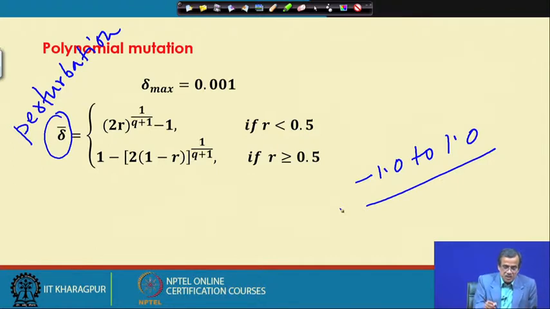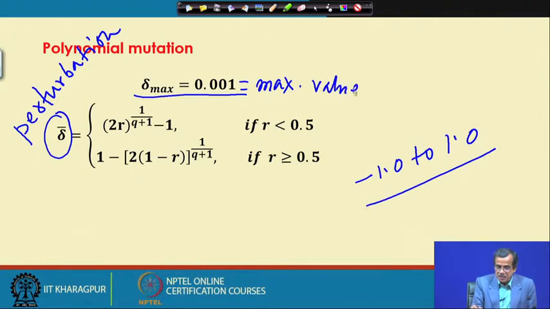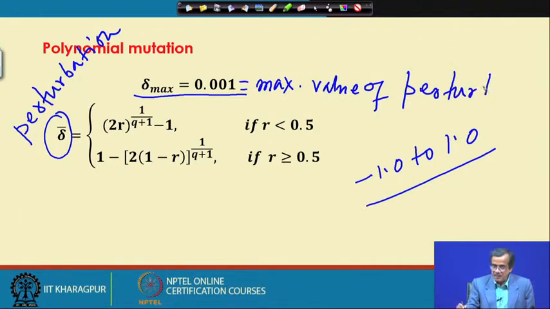Now, there is one quantity that is called delta max. This delta max is the maximum value of perturbation, or the maximum value of dissimilarity, which I am going to tolerate in the mutated solution.